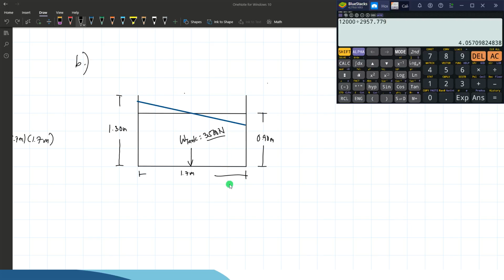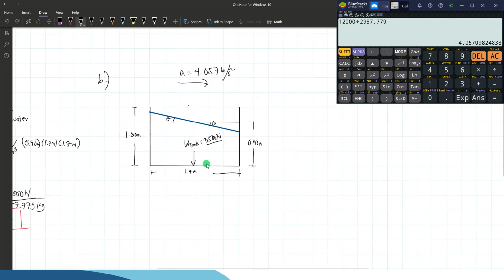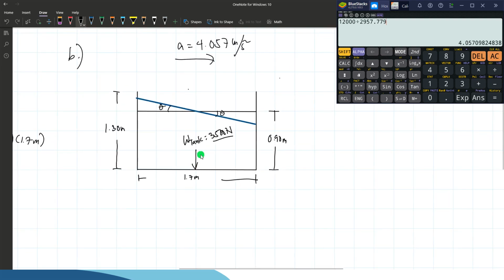Here's the figure of the new liquid surface when the vessel is moving at a constant acceleration of 4.057 meter per second squared. So we have theta here.